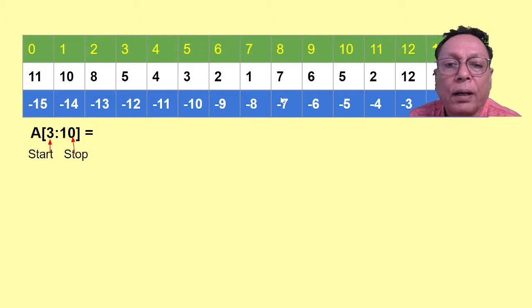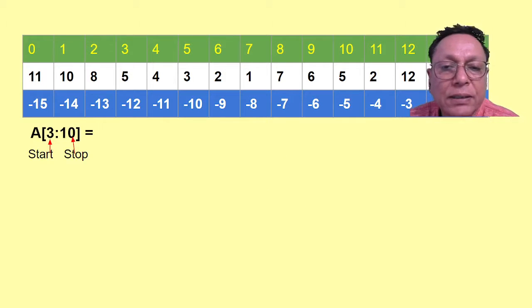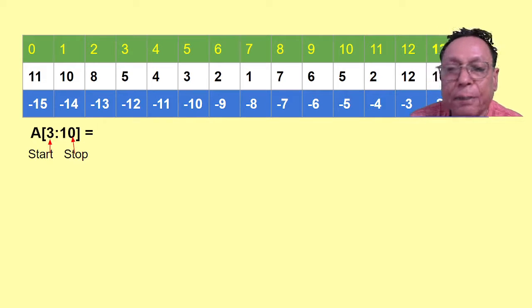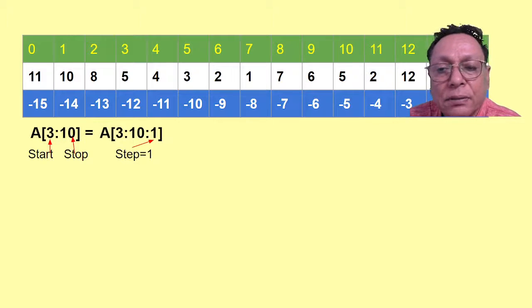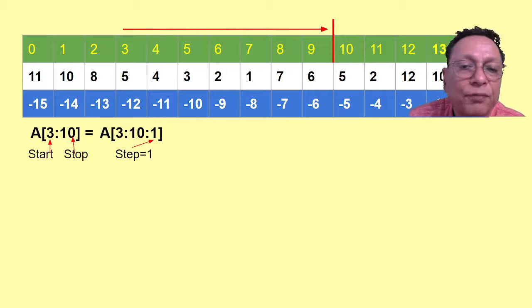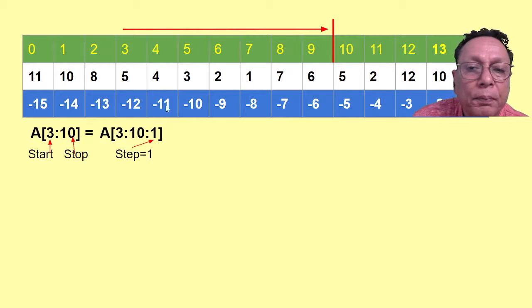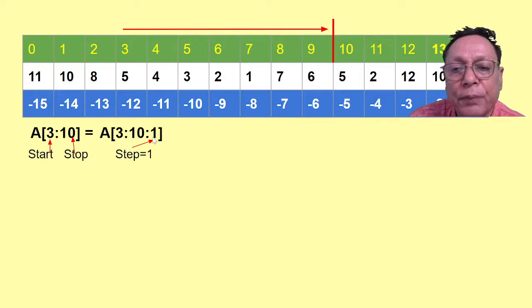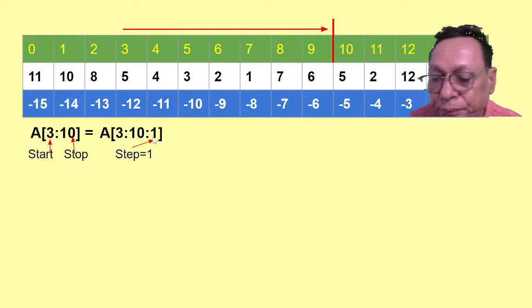What happens when we have starting index 3 and the ending or stop index is 10? Again the step is obviously 1, because we have omitted the step from this slice. So here the step is by default 1.